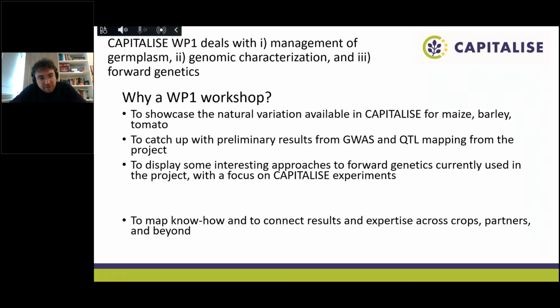The presentations that follow will try to make a good mix of delivering results, but also showcasing methods which are used for mapping in different populations in the project.